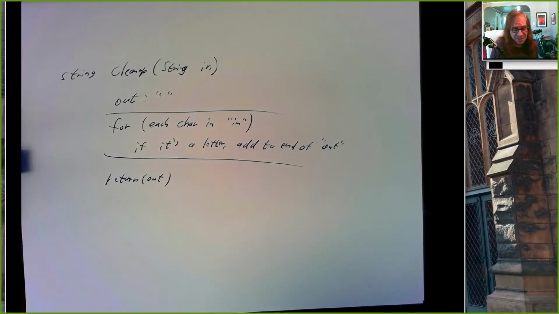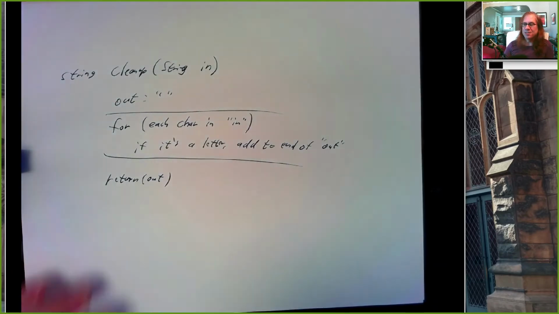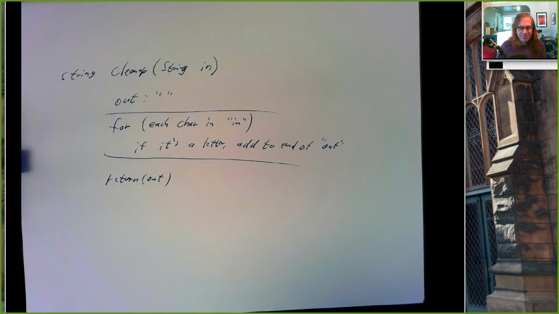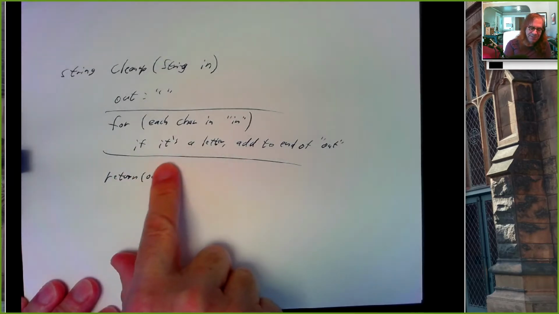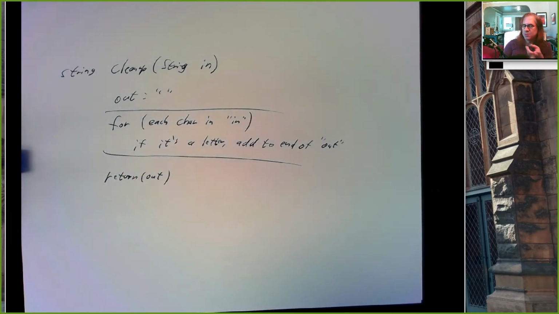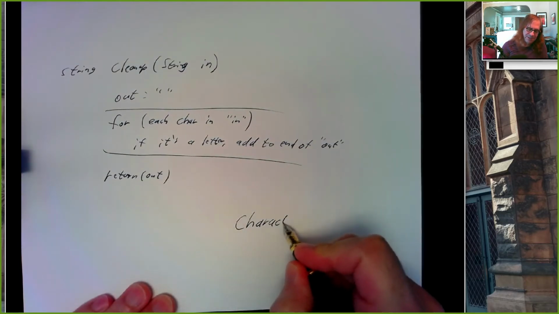So how do we do this? Depends what language we're working in, right? For Java, for int i = 0, i < in.length(), i++, which tells you the number of characters in there. And this is this business that we went through yesterday: in, which is your word, .charAt(i) will give you the ith character, and you can use that as an argument to this method defined in the Character class.